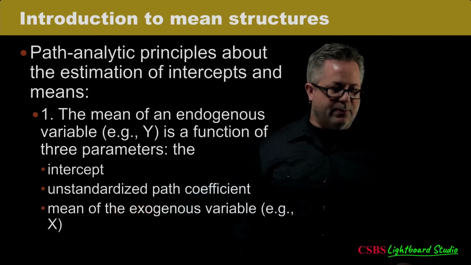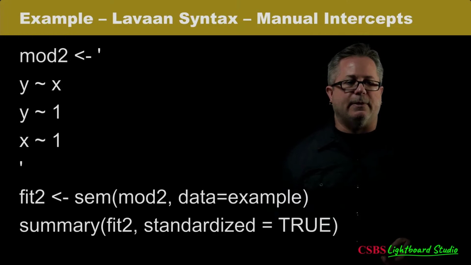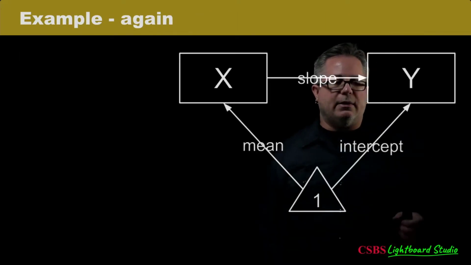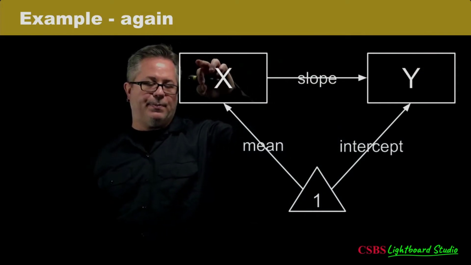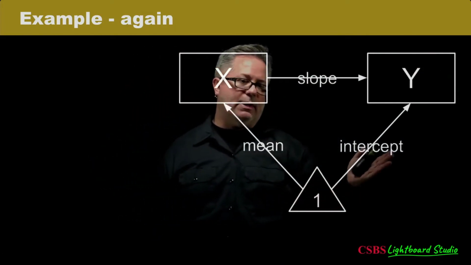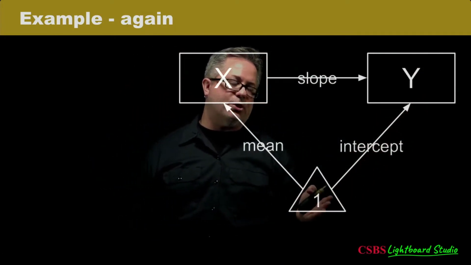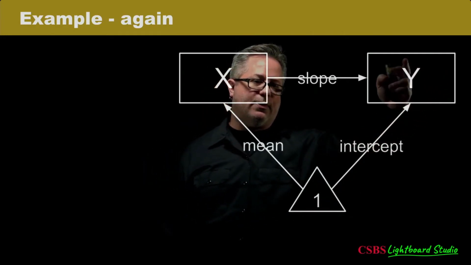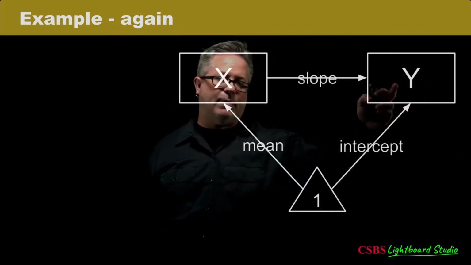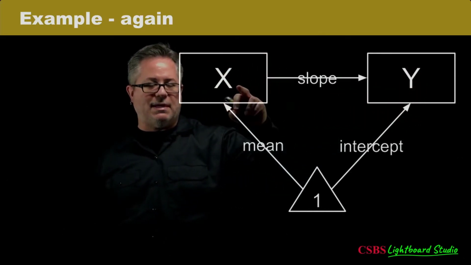Basically what we're saying when we look at a picture like this one is that y is dependent on x. When we estimate the intercept here, there's some portion that is the intercept. The rest of the mean of y is dependent on x's mean.